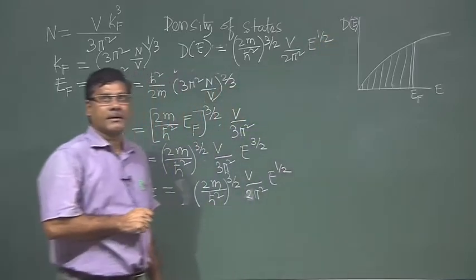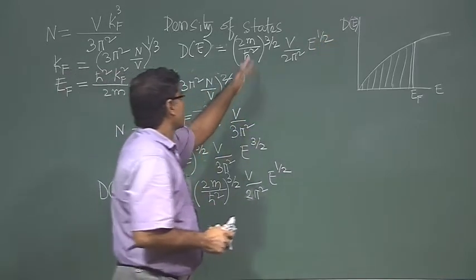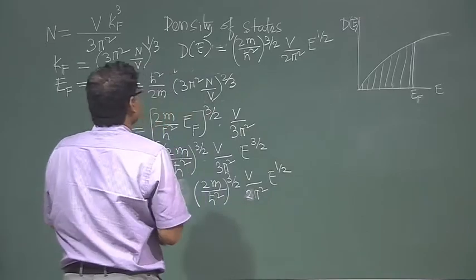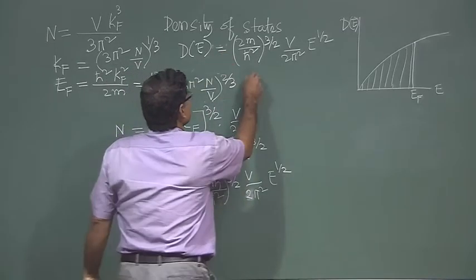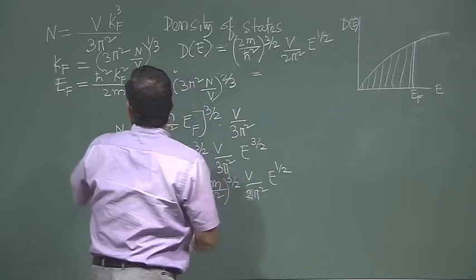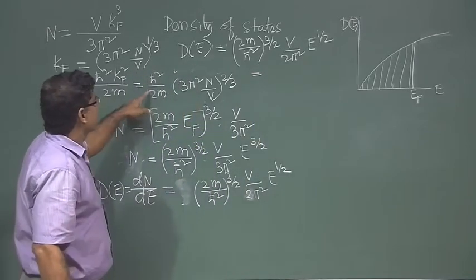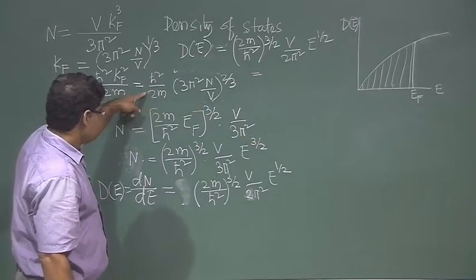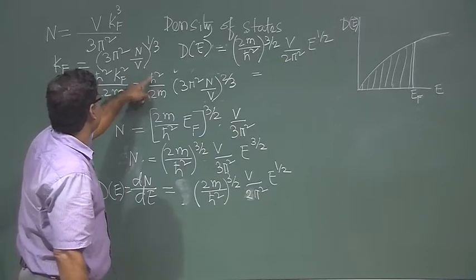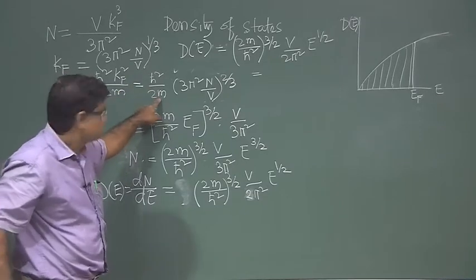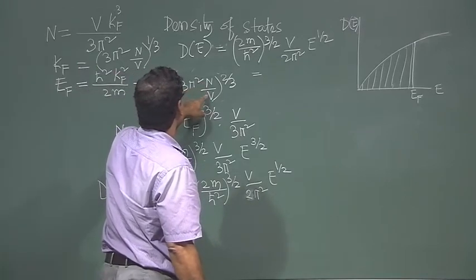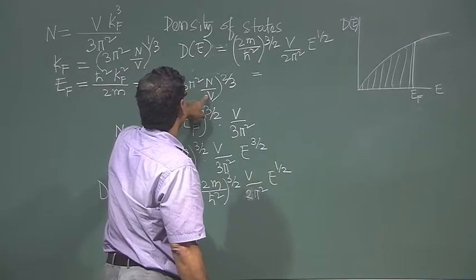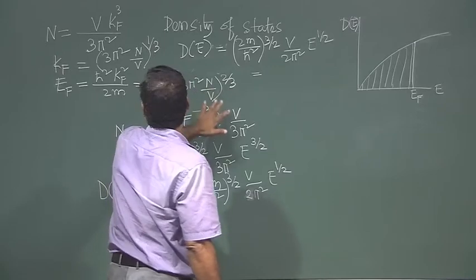Okay, E half. So here you can see, I can write EF is h cross square by 2m, (3 pi square n by V) to the power 2 by 3, right.